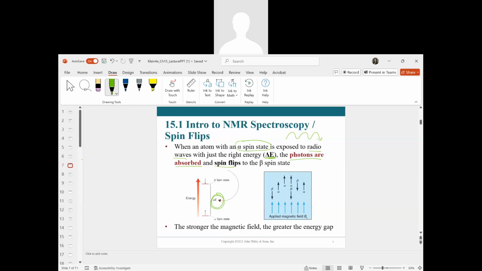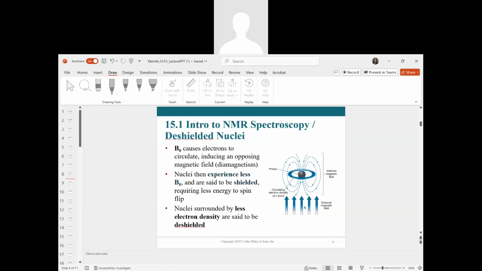That's how we can measure the energy gap, right? We actually measure this through NMR spectroscopy, and depending on the environment of the proton, we'll start with proton NMR. Depending on the environment of each of these hydrogen atoms, our nucleus would require more or less energy to have this spin flip occur.